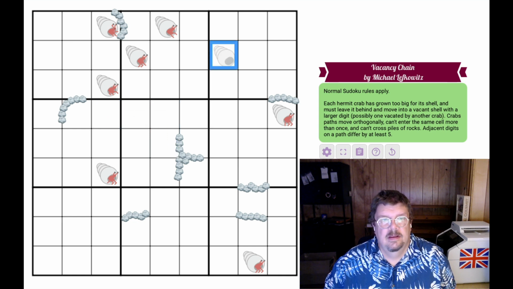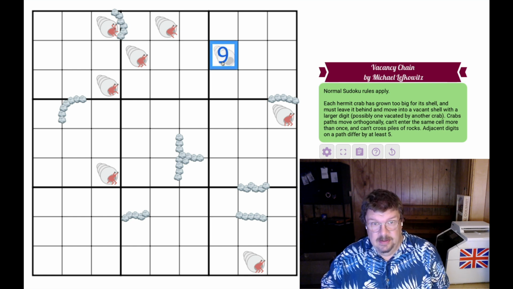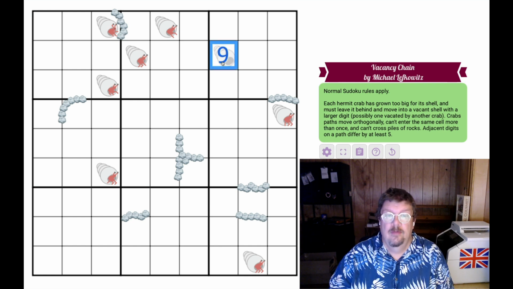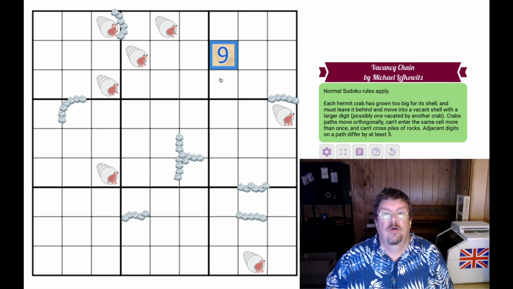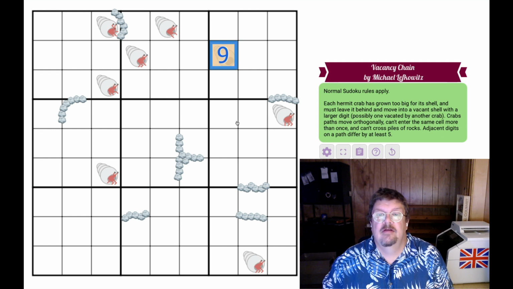Let me, oh, right, so that's our 9. So we know that this is a high digit. We know that all of our shells are on the line, right? Because that's literally how the crabs are moving. So which ones are on the same bishop's color? Basically share the same set of diagonals. So that one does.